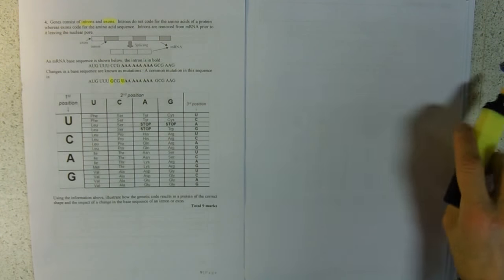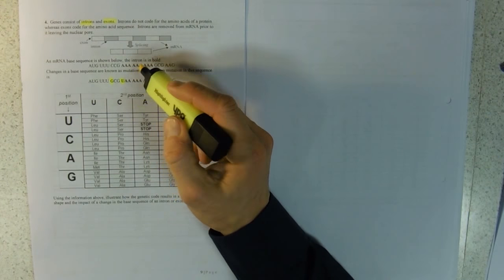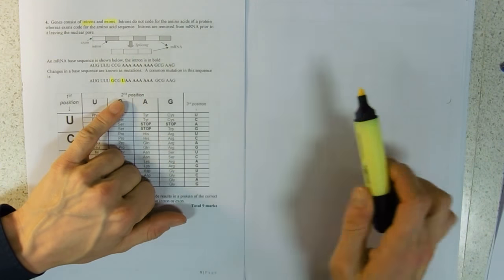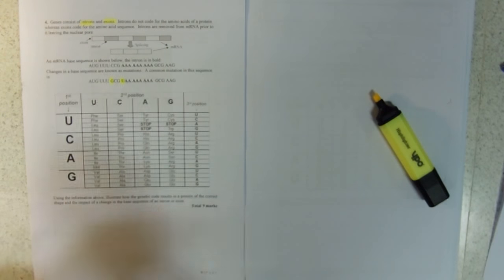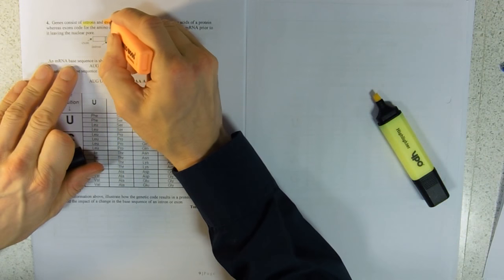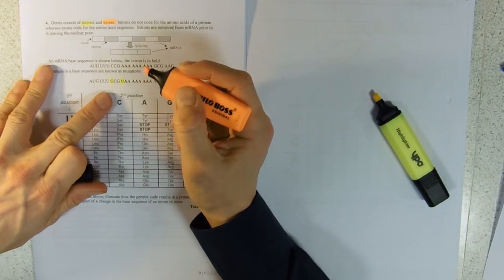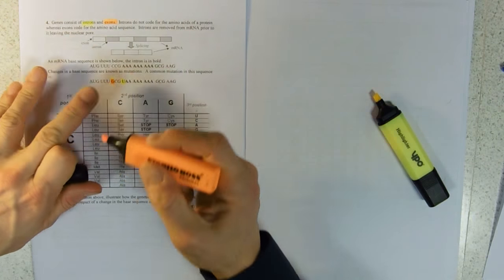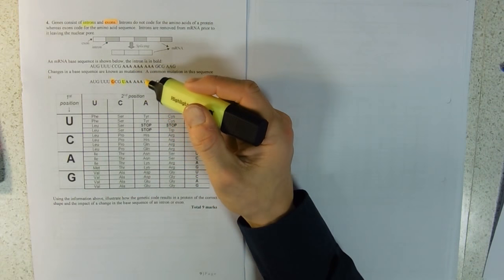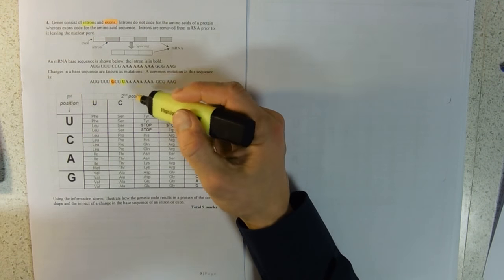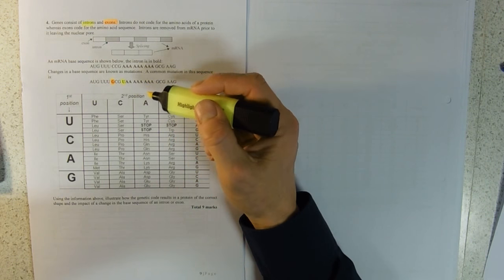One of these mutations is in the intron, and one of them is in the exon. So if we change the colour of the exon there, these are two different types of mutation, one in intron, one in exon.